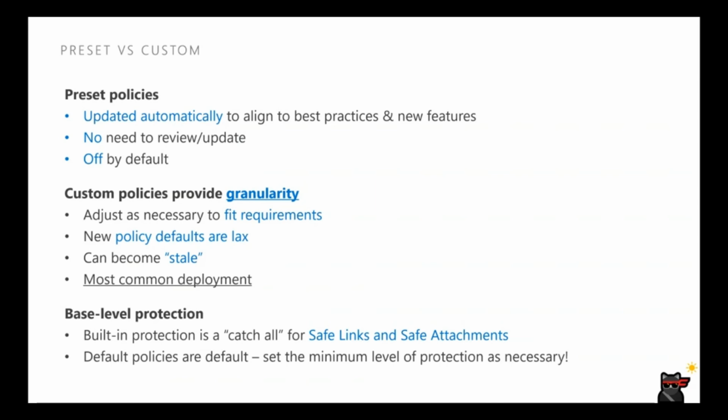So we have the built-in protection, and we note it here as a catch-all for safe links and safe attachments. They're similar in spirit to a default policy. We have the default policies for the anti-whatever protections, but the default policies you can actually adjust a little bit. Well, you can adjust everything with them, really.